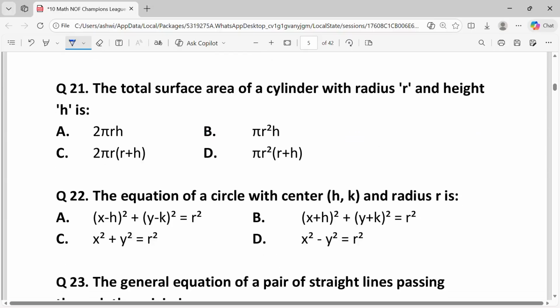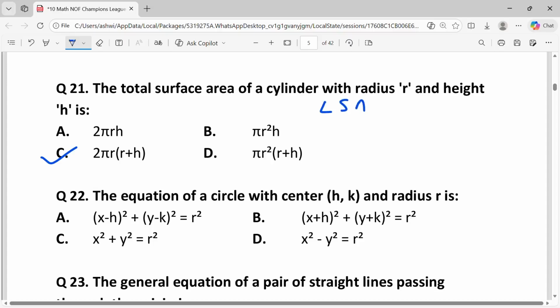Question 21. The total surface area of a cylinder with radius r and height h is option C, 2 pi r into r plus h. The total surface area of a cylinder is the sum of its lateral surface area and the area of its two circular bases.